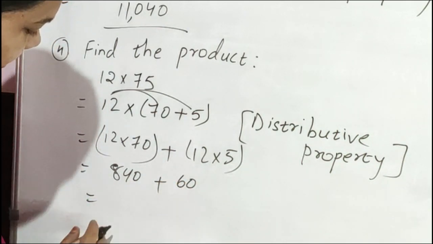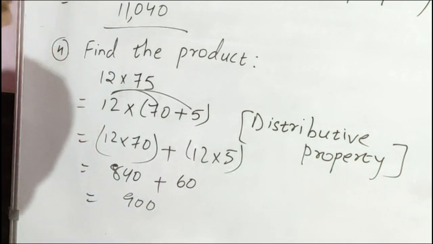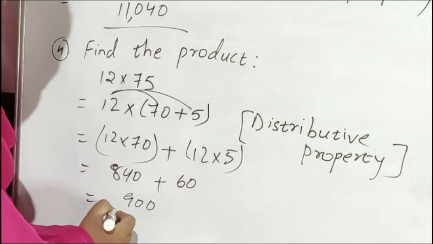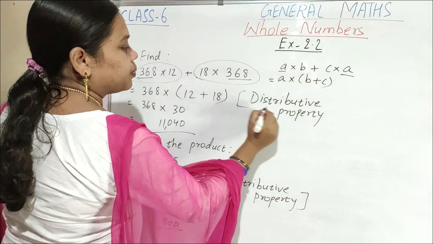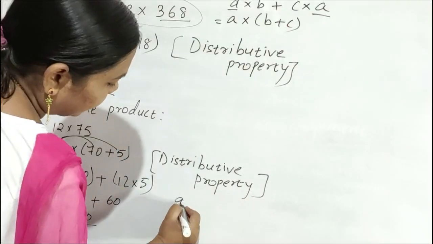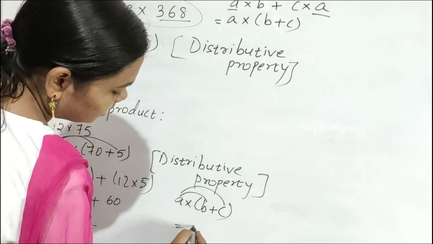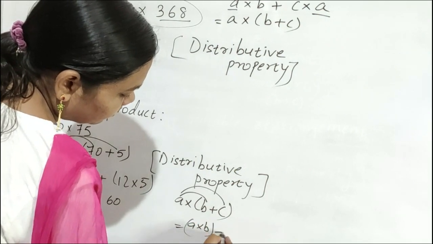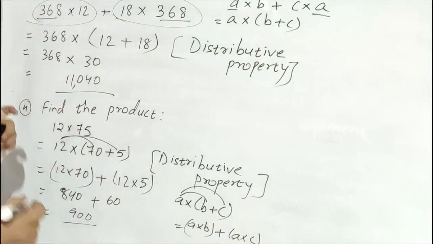So 840 plus 60 how much? 900. Okay. So we got the product 900. Please note down this. Which property we are using? Distributive property. Here A into B plus C, A into B plus A into C. Okay. Please write down.